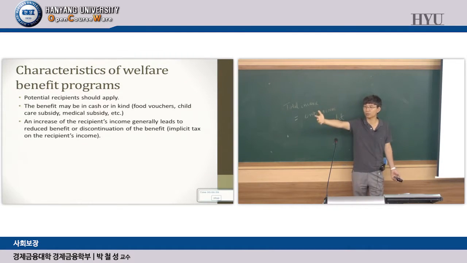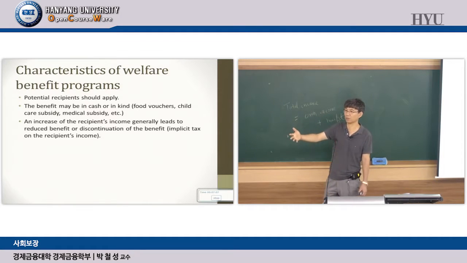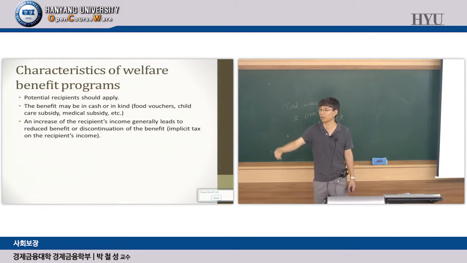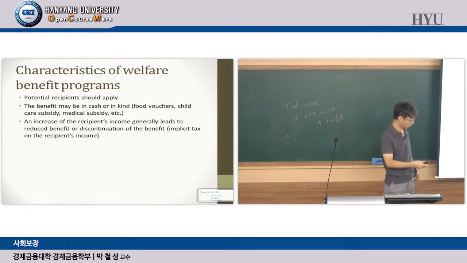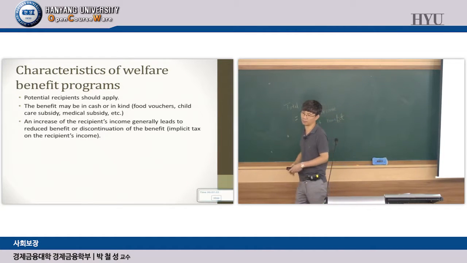It has gone to the government's treasury, because they just saved $5. So they have $5 more in their treasury. In this case, basically these households are like paying tax. I earned $10, I pay $5 tax to the government. That's why we call it an implicit tax. So when benefit goes down, it's like paying tax.